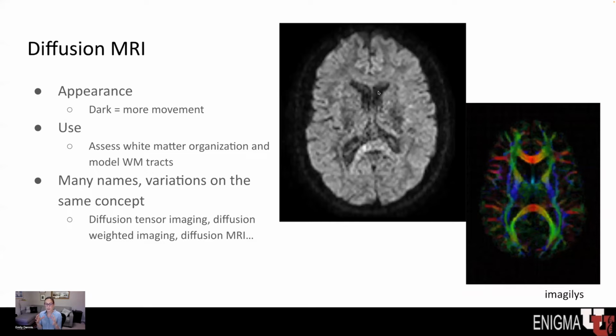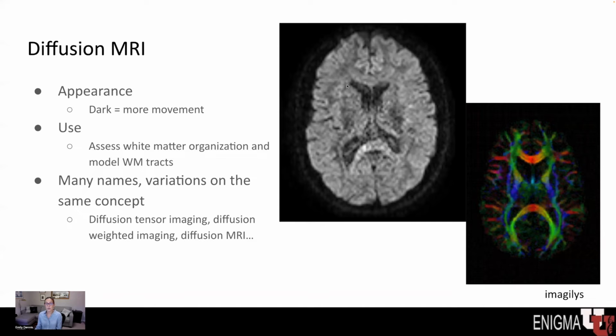And so if you imagine you're trying to assess how quickly cars are moving on a road, just taking a picture at one location is not necessarily going to help you. But if you can have multiple views, you can assess how fast things are moving. And so that's what we do with water, which is constrained generally within the neuron. So that's what we're looking at.